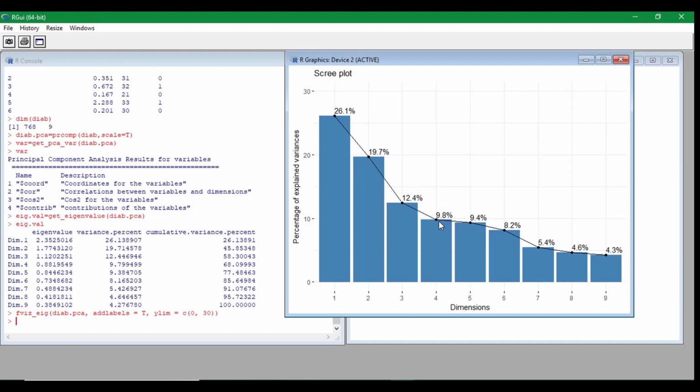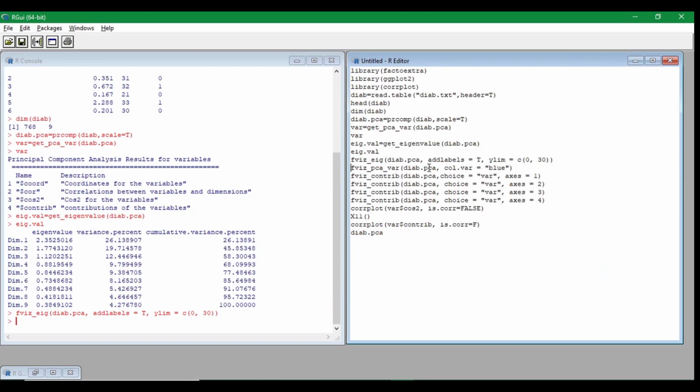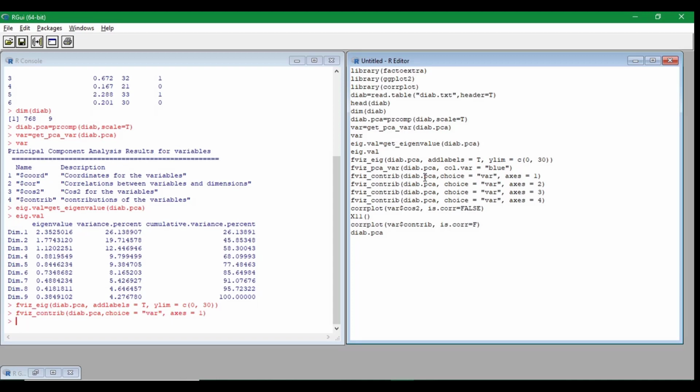Now we can see that if we're comfortable enough, we can probably stop at dimension 3. And in this example, I am just going to stop at dimension 3 with 58.3% of the total variation being explained. Now, let's plot the contributions, so we want to see what contributions are greatest in dimension 1.